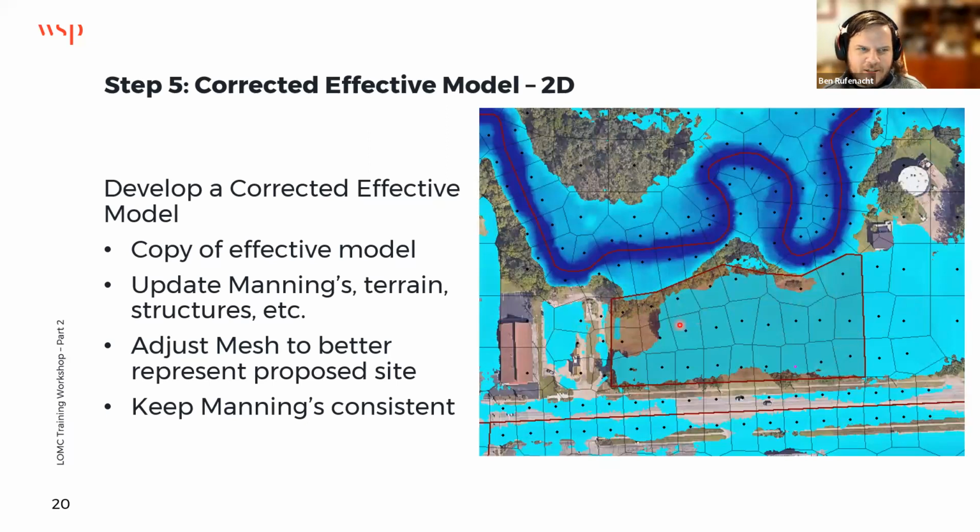So in the same way that those extra cross sections allow the model to actually see the changes accurately, we're doing the same thing here, to just show better detail on where we're actually constructing our project, our proposed structure. But again, we want to do this without actually changing anything else in the model.